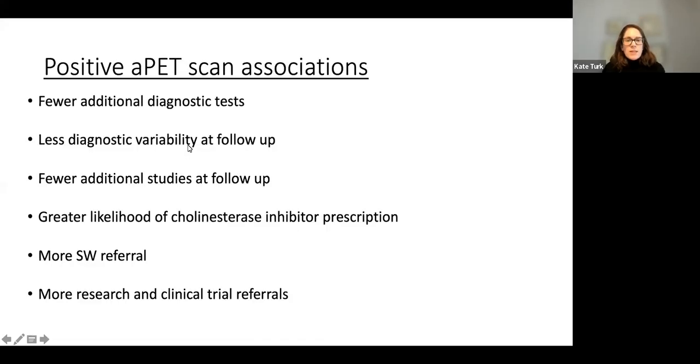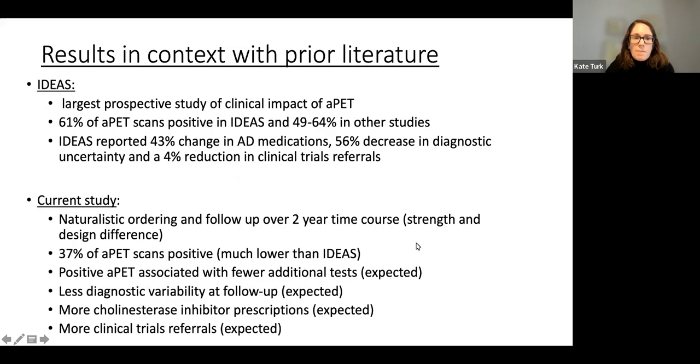But a positive PET scan in particular was associated with fewer additional diagnostic tests at follow-up, less variability in diagnosis at follow-up, and a greater likelihood overall of cholinesterase inhibitor prescription. More social work referrals were also ordered, and more research and clinical trials referrals were made.